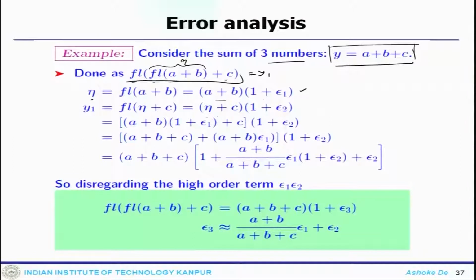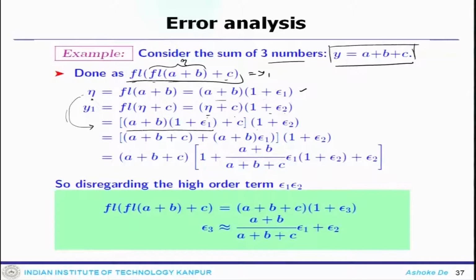So it is (eta plus c) times (1 plus epsilon 2). Now, what is eta? Eta is (a plus b) times (1 plus epsilon 1). I am putting back the value of eta here, so it is ((a plus b)(1 plus epsilon 1) plus c) multiplied by (1 plus epsilon 2).